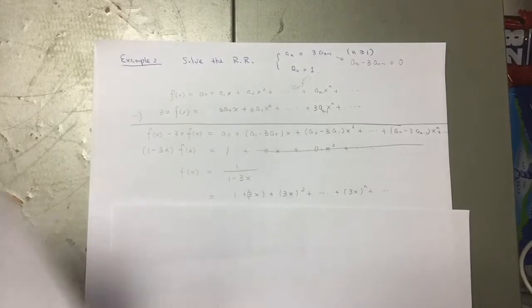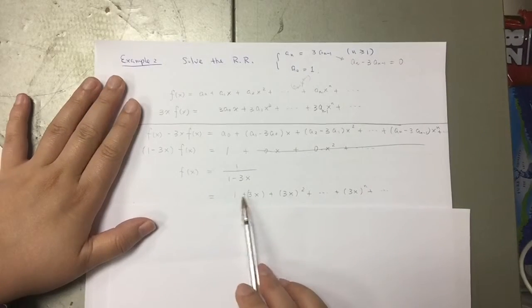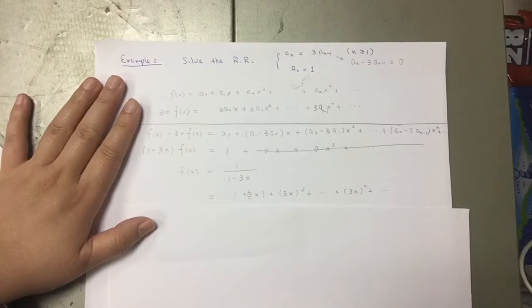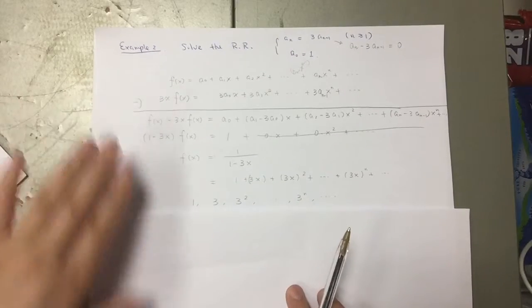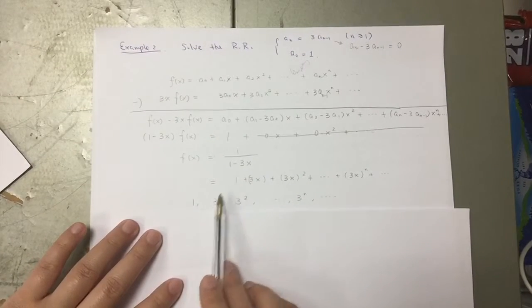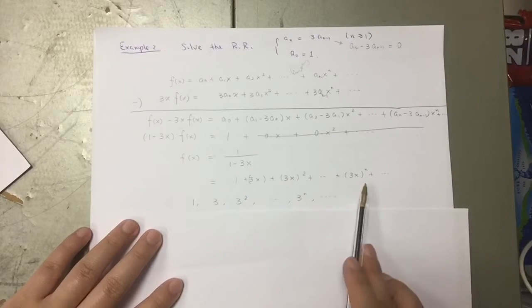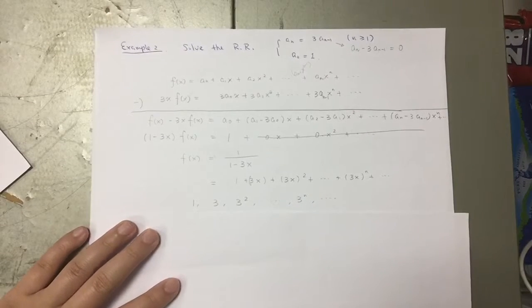Alright, let's move on to simplify what we have here. This is 1, this is 3, this is 3 squared times x squared. So we have the list of coefficients as 1, 3, 3 squared, 3 cubed, and so on until 3 to the n, and go on.